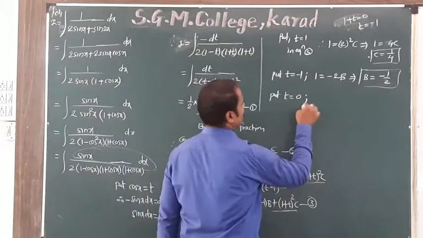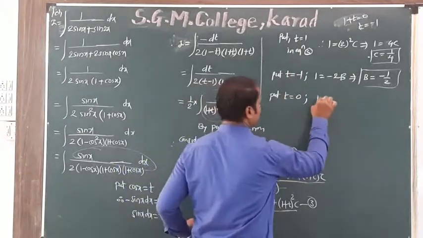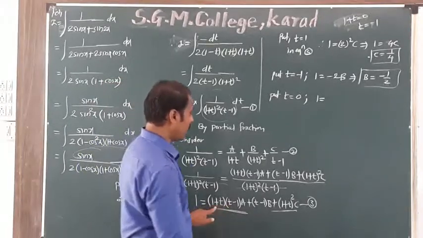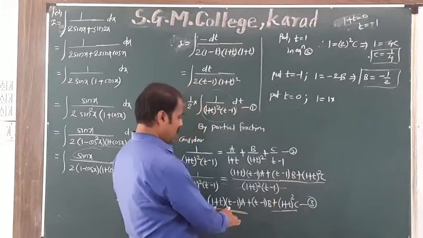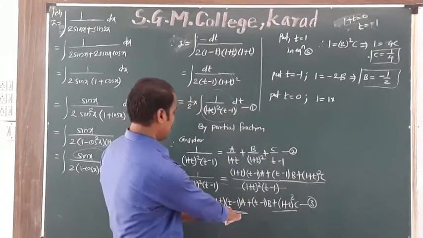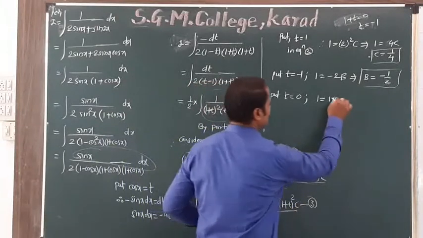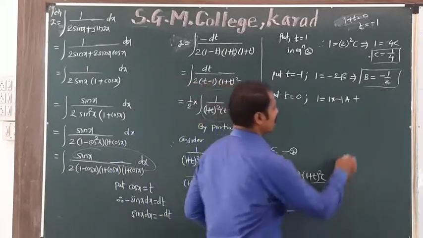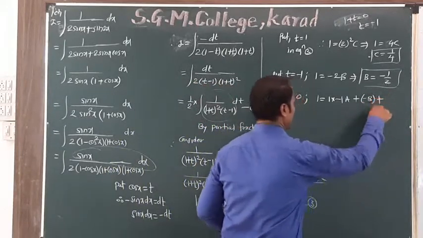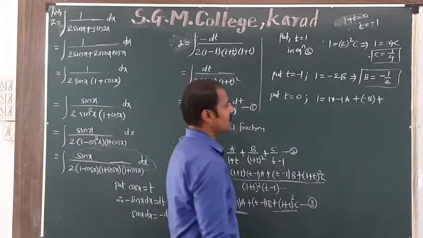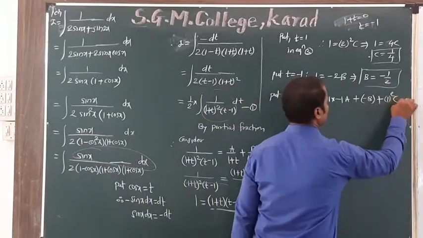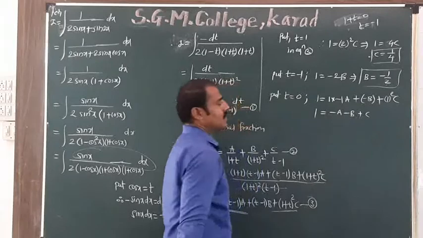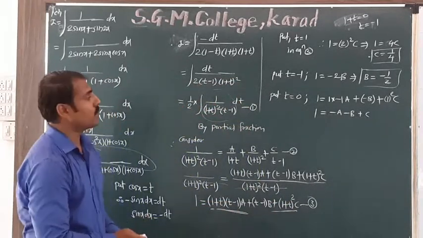So in equation 3, 1 is equal to 1 plus 0 is 1, 1 into 1, 0 minus 1 is minus 1 into a, plus 0 minus 1 is minus 1 into b, that is minus b, plus 1 minus 0 is 1, 1 square into c. After simplification, 1 is equal to minus a minus b plus c.